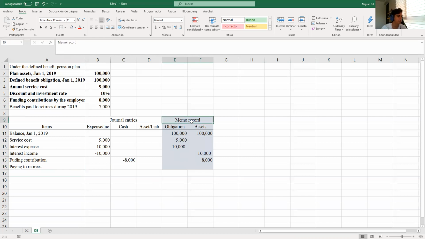No, they are paying from the fund, right? So what I need to do is to reduce the obligation by minus 7,000 and to reduce the assets by 7,000. Why is this? Because I am paying to retirees 7,000. So I am done with that obligation.